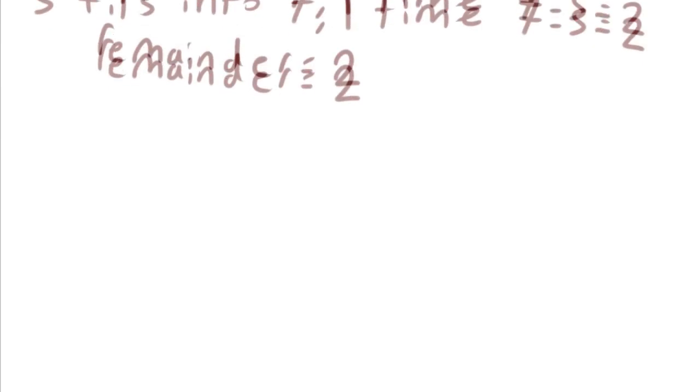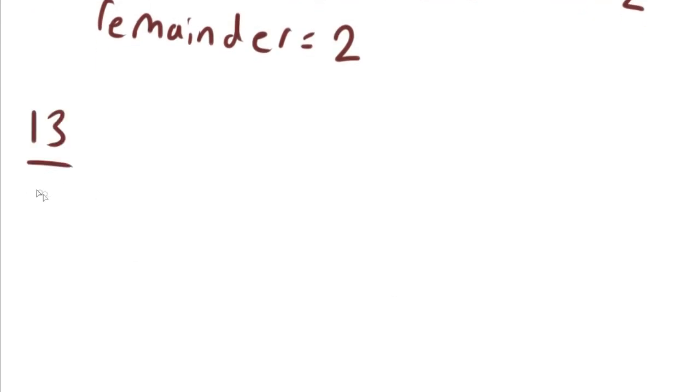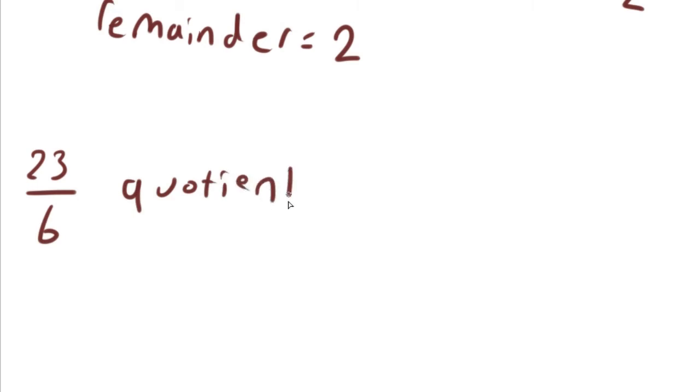Alright, let's do one more of these, and then we're going to move on, and I'm going to tell you what the point is. 23 divided by 6. So, what's the quotient? It is 3, because 6 fits in 23 3 times.